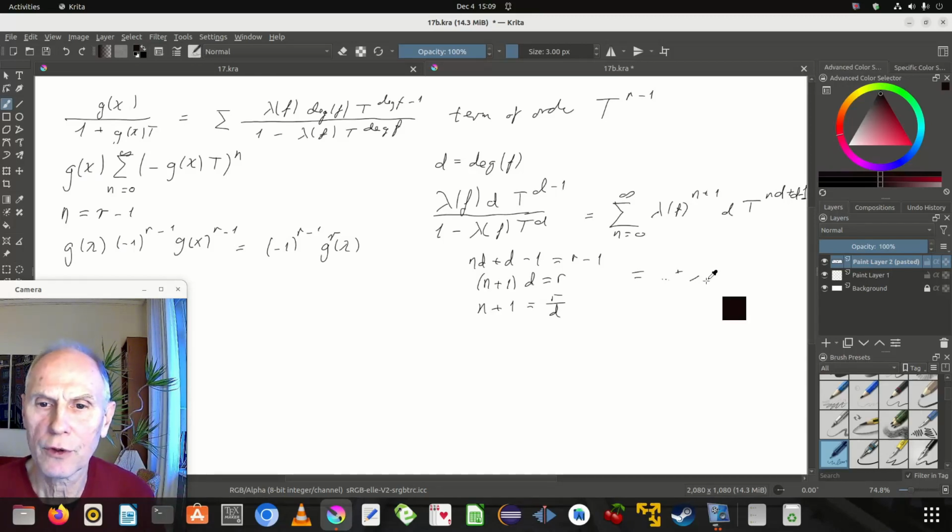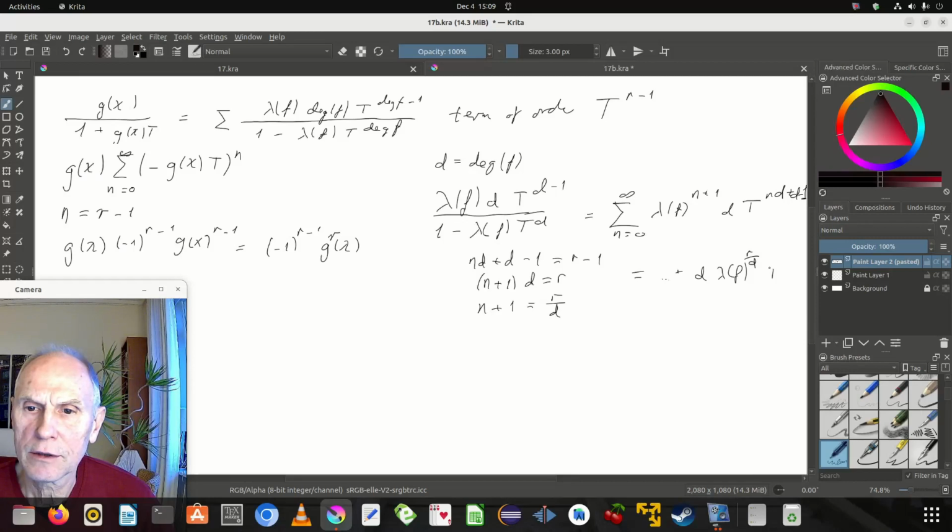Let's write d first. D lambda of f to r divided by d t to r minus first.